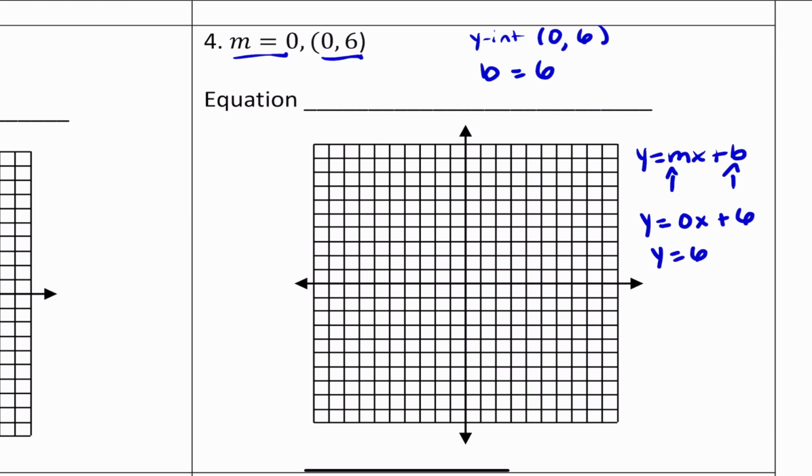So when you have a 0 slope, basically what you're doing is drawing a horizontal line going through that 0,6. Where's 0,6? 3, 4, 5, 6. Right here, yeah? So all I gotta do is draw a horizontal line through that y-intercept. And that's it. So the equation is y equals 6.